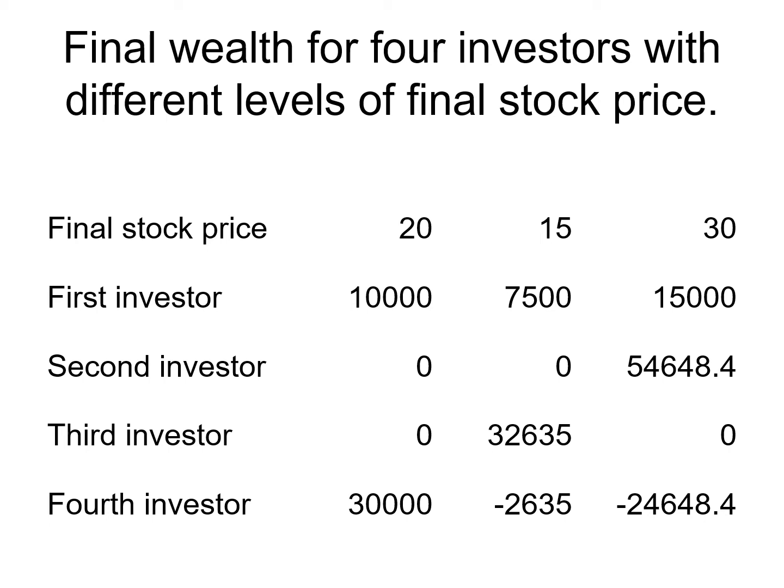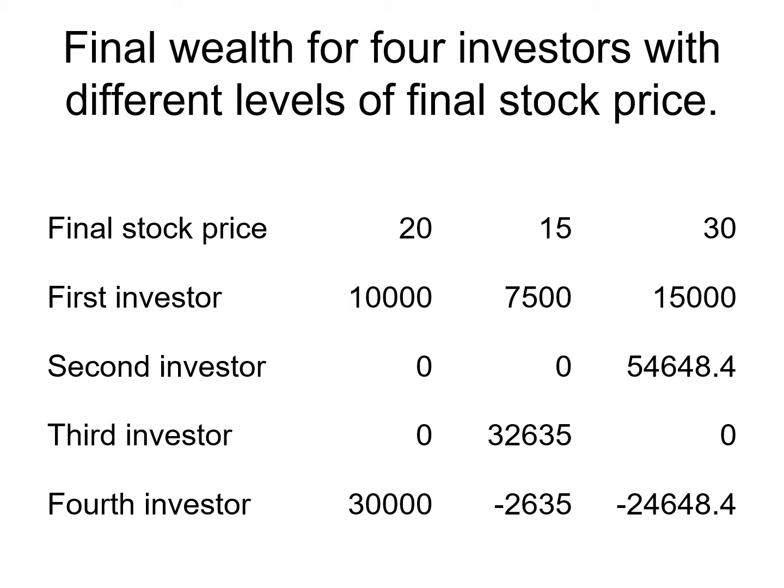So you see, stock is a linear investment. If the stock price drops by 25%, his wealth will lose 25%. If the stock price rises by 50%, his wealth will rise by 50%.